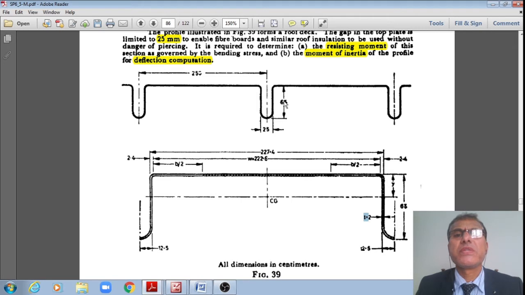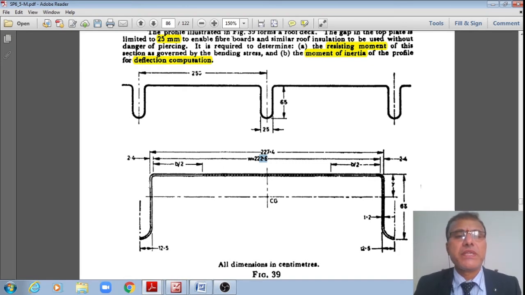Also, from the end up to the end of this curved portion is equal to 2.4. Therefore, the rest is the straight portion of this flange, which is now 222.6. That is how the flange portion is.